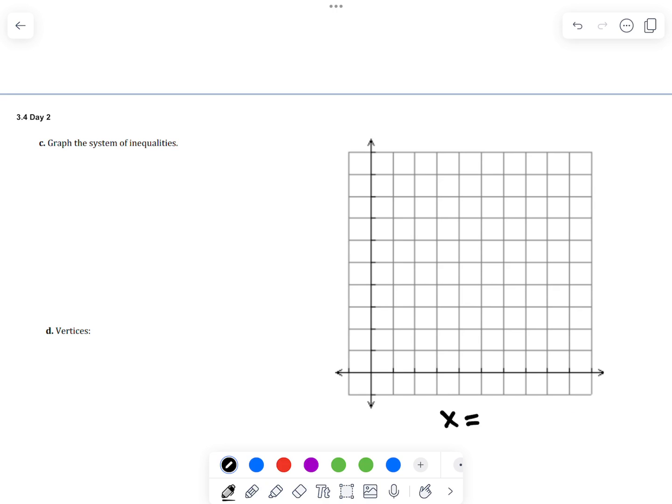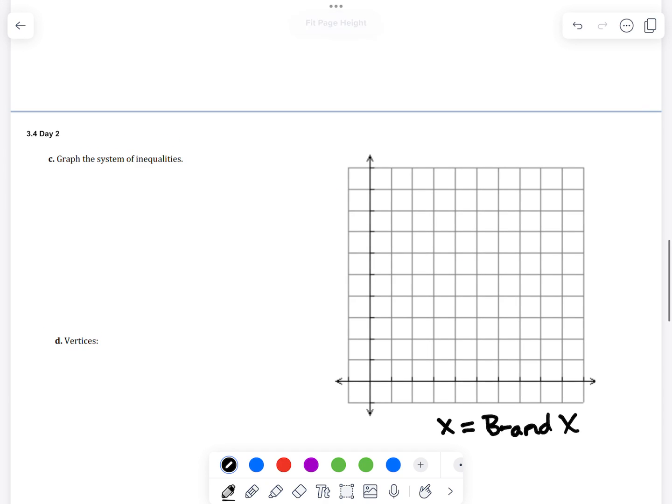The x-axis will represent brand X. And then the y-axis will be brand Y. So this will go up to 6.